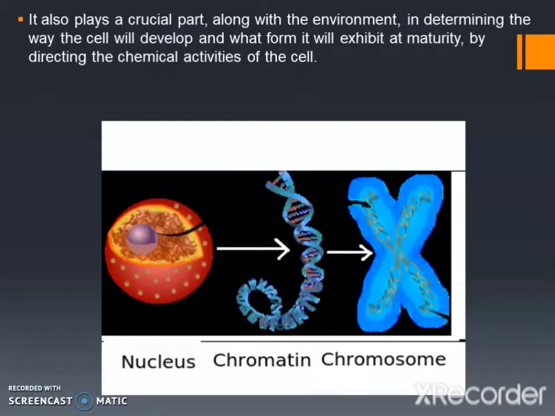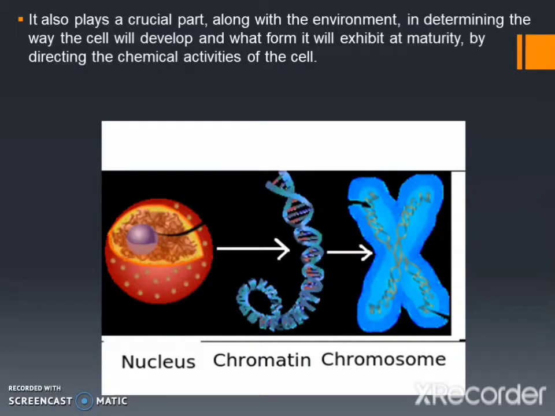By directing the chemical activities of the cell. So it means that the nucleus controls everything. It is the nucleus along with its surrounding environment that decides how a cell, after developing, should be in its mature form. Okay, and how is the nucleus directing it? It is with the chemical activities of the cell. Clear children? So these are the 2 crucial roles which the nucleus plays in the cell.